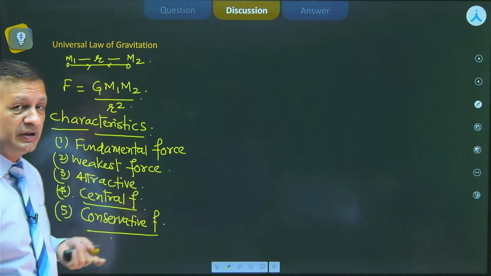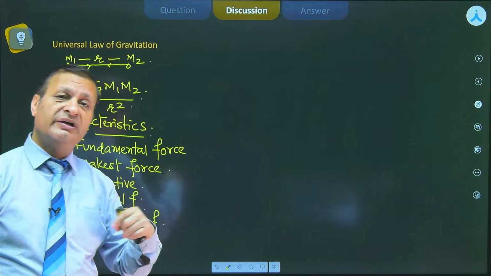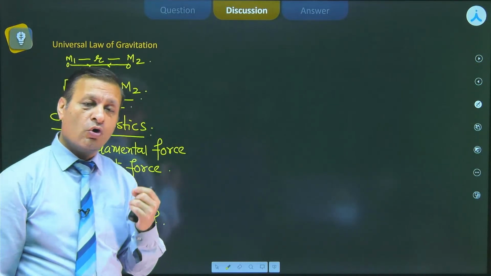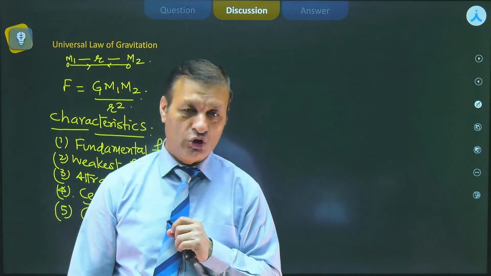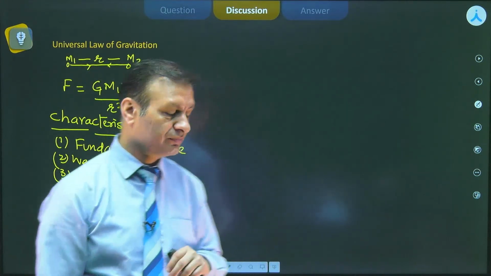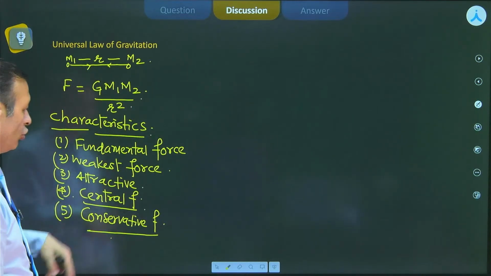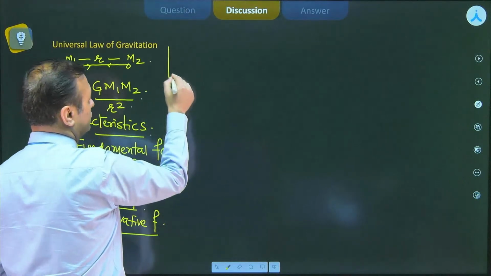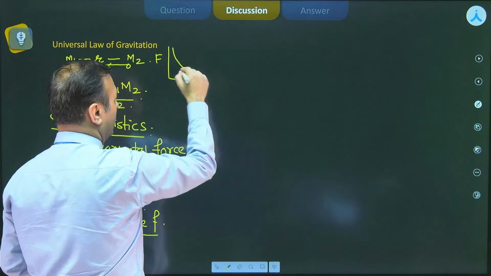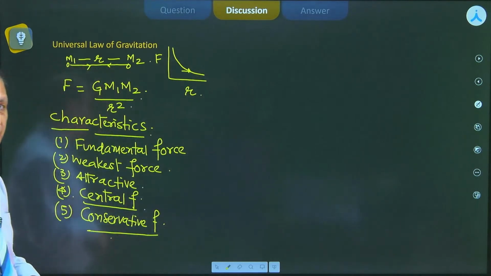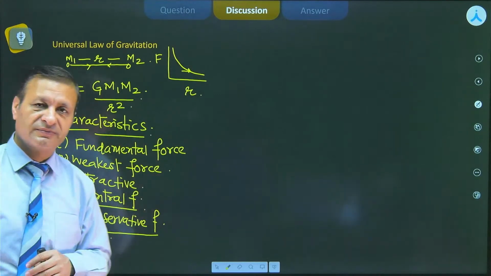And gravitational force being a conservative force satisfies all the properties or features of a conservative force. It follows the inverse square law also. So this force decreases as the separation increases. Got it or not? Any doubt from this part?